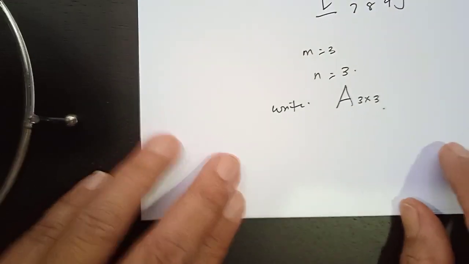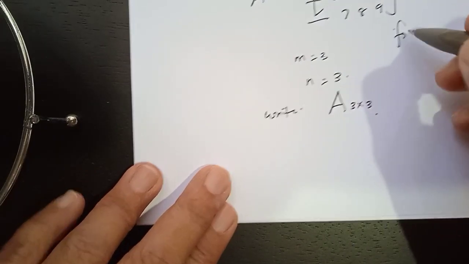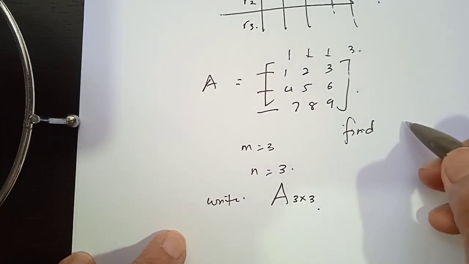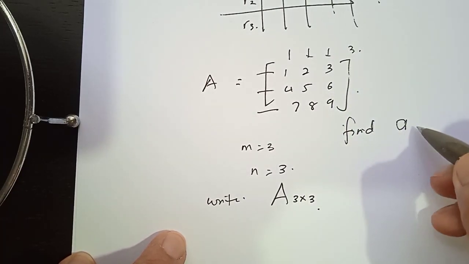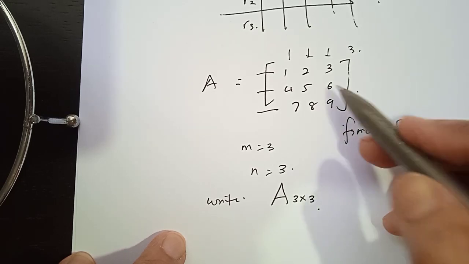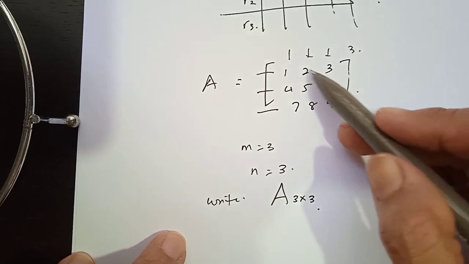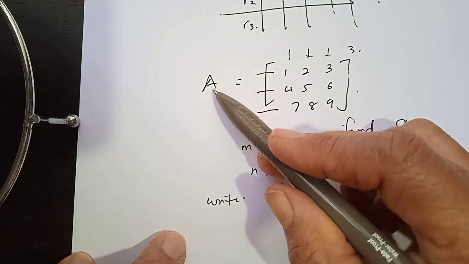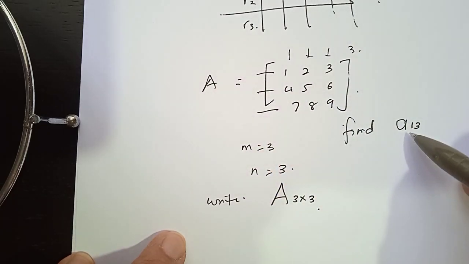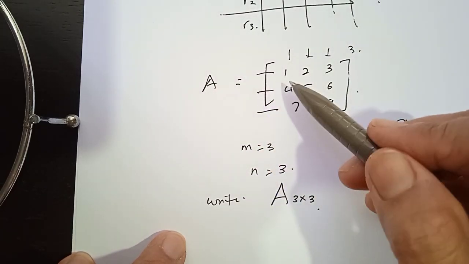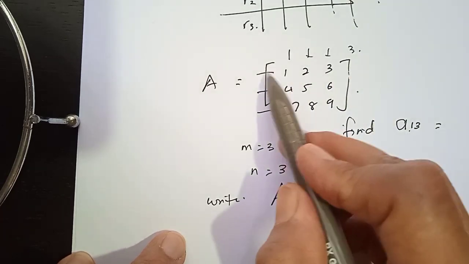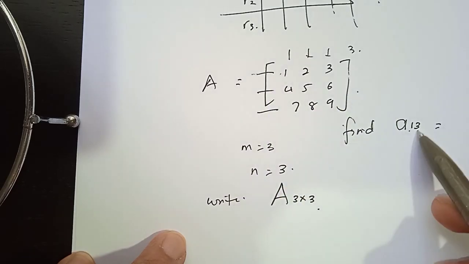Okay, example. Given this matrix, we want to find A13. Small letter a refers to elements in matrix A. So capital A is the matrix and lowercase a is the element of matrix A. So A13 we refer to row number 1 and column number 3.